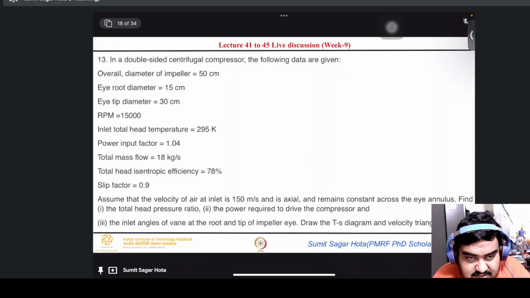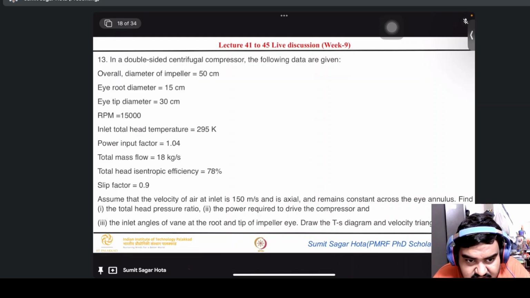In a double-sided centrifugal compressor, the following data are given. Overall diameter of the impeller is 50 cm, eye root diameter is 15 cm, eye tip diameter is 30 cm, RPM is 15,000, inlet total head temperature is 295 Kelvin, power input factor is 1.04, total mass flow is 18 kg per second, total head isentropic efficiency is 78%, slip factor is 0.9.